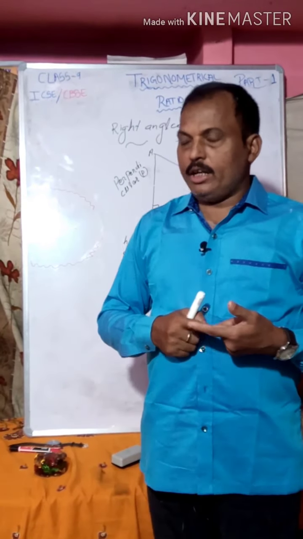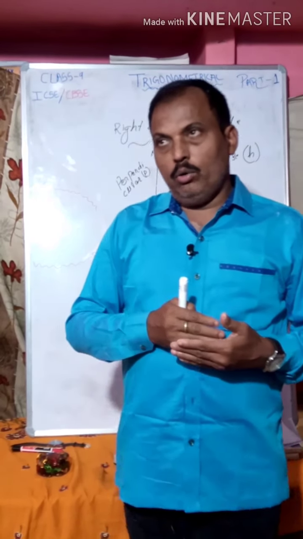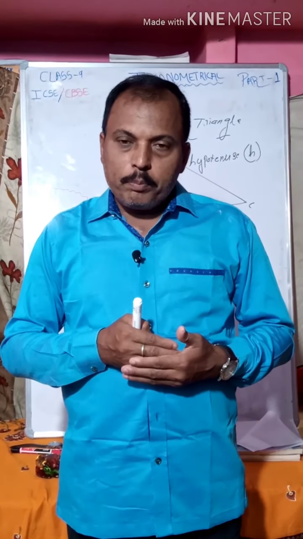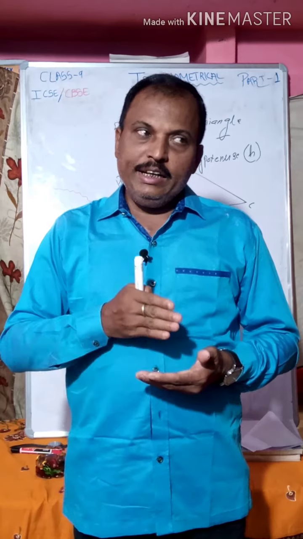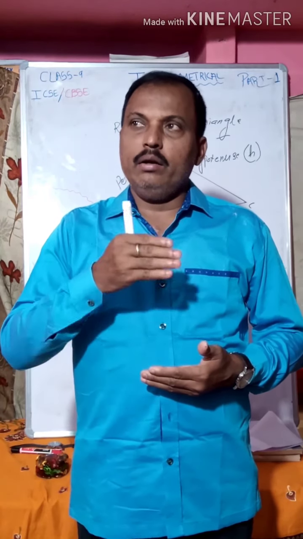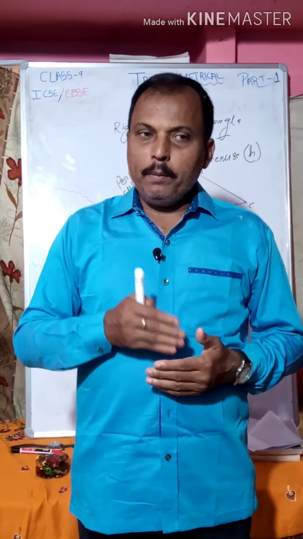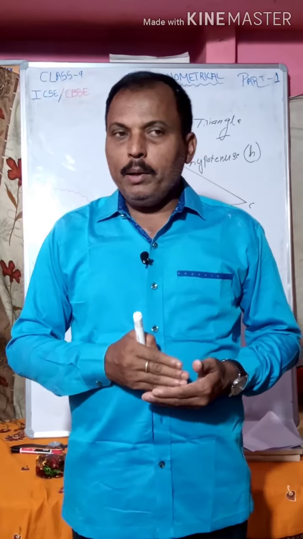By Pythagoras theorem, later we will discuss the Pythagoras theorem also. That theorem is in your book in the Pythagoras theorem topic. We can prove what the Pythagoras theorem is and how it can be proved.